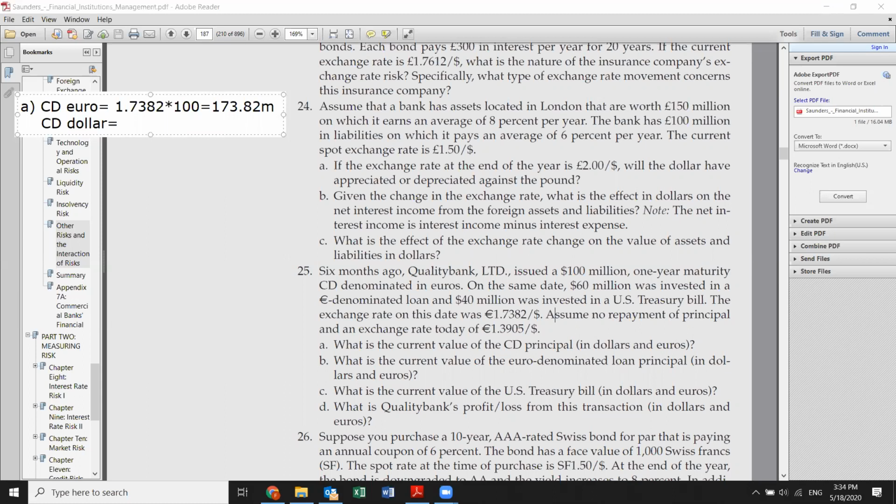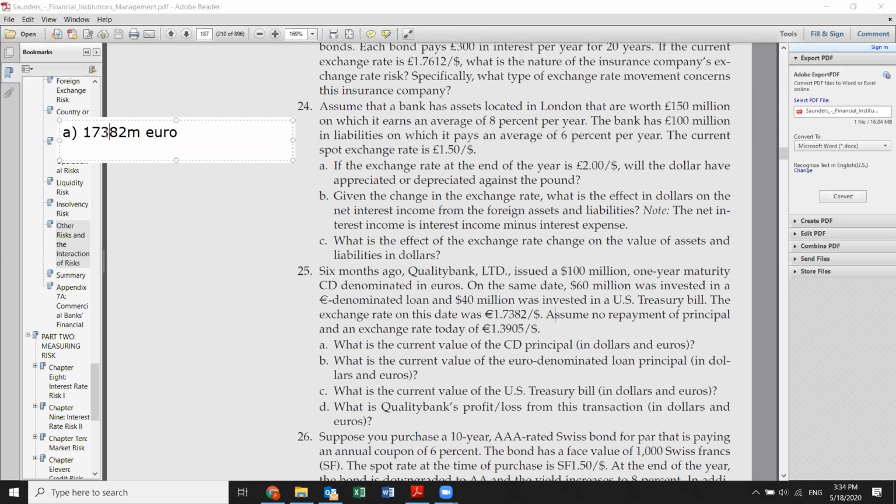So let me read the question again. What is the current value of the CD principal in dollars? 173.82 million euros of CD, and in terms of dollars, this rate should be taken into consideration for the current rate.